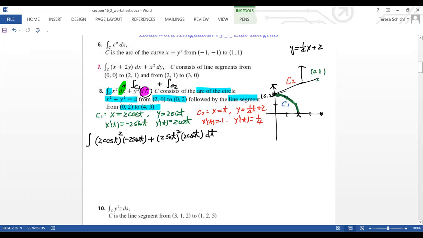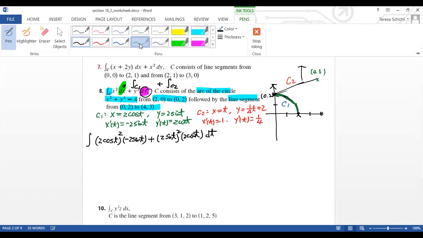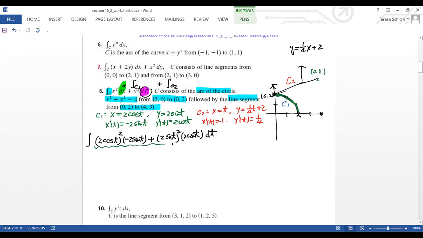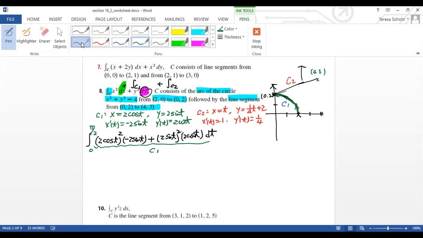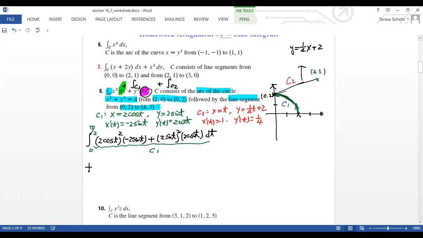Okay, so this is all integrating under C1, where t goes from 0 to pi over 2, right? After I finish C1, I need to add the integration I do for C2 here. So let's take a look at C2.